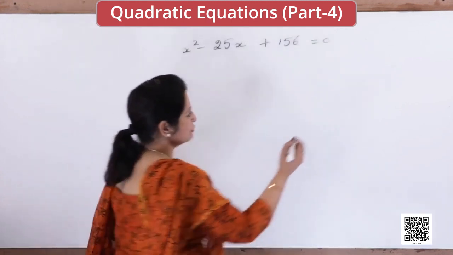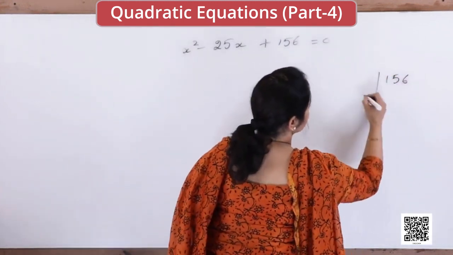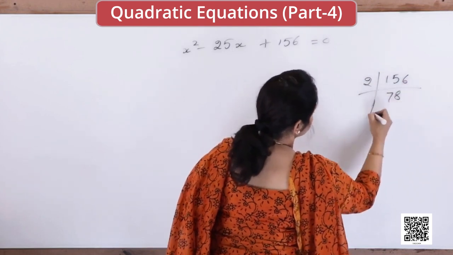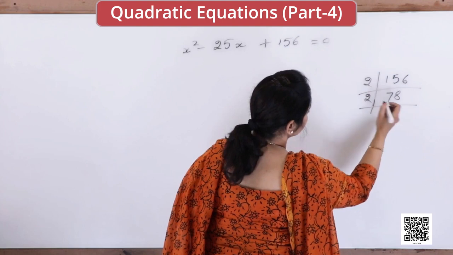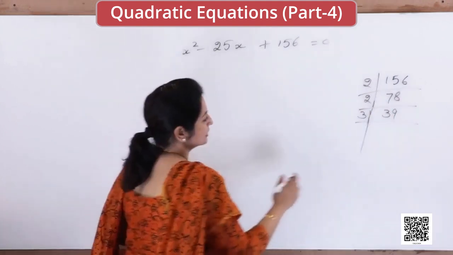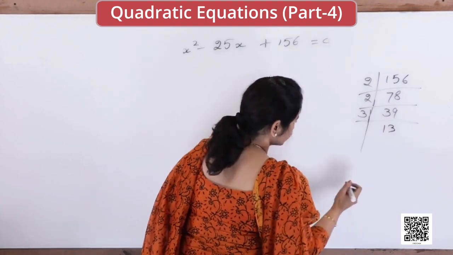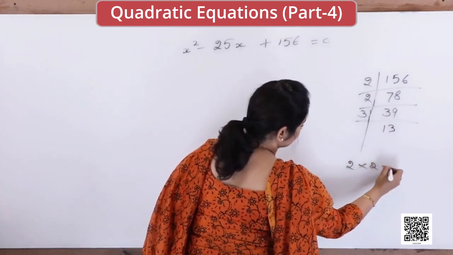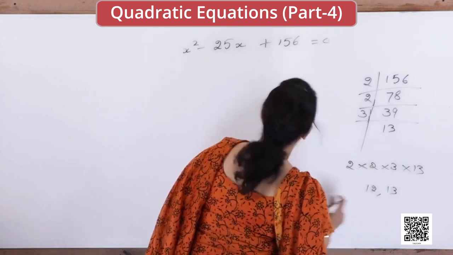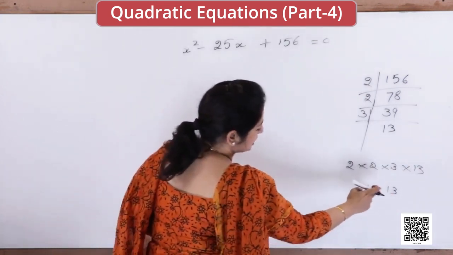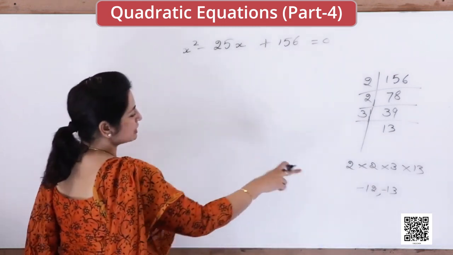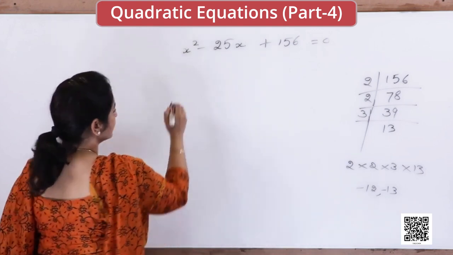Now factorizing 156, dividing it by 2, we get 78. Then dividing by 2, we get 39. Dividing it by 3, we will get 13 here. So 2 multiplied by 2 multiplied by 3 multiplied by 13. So here 25 can be expressed as 12 and 13, both of them negative. Minus 12 minus 13 will give us minus 25.